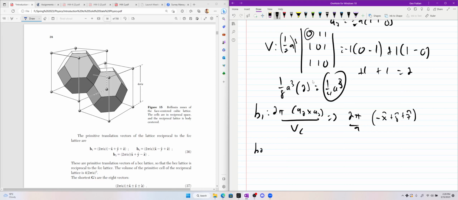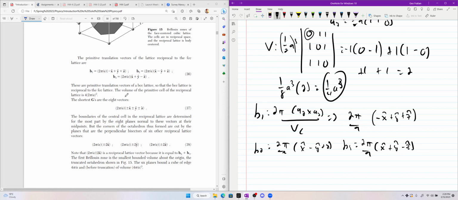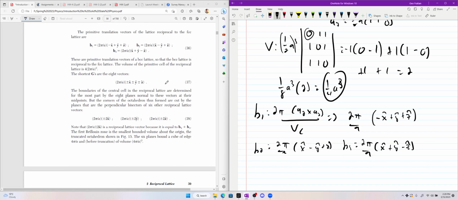And then we get b2 equals 2 pi over a x hat minus y hat plus z hat. And then we get b3 equals 2 pi over a x hat plus y hat minus z hat. Okay. So the BCC lattice is the reciprocal to the FCC lattice. And the volume of the reciprocal lattice is 4 times (2 pi over a) cubed. So the shortest G's are the 8 vectors 2 pi over a, plus or minus in all directions.